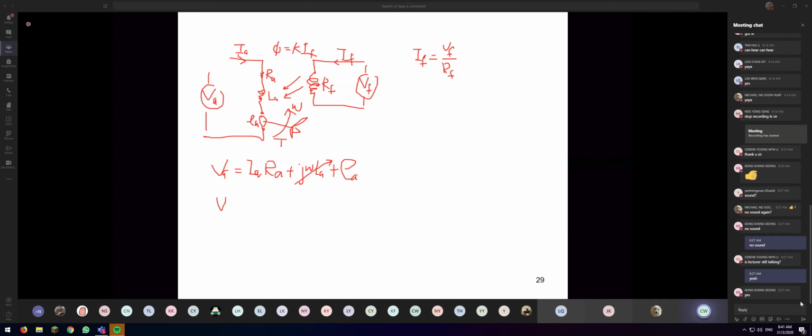So finally your formula of the output voltage will become IA RA, and then plus the back EMF. The back EMF here is referred to the K, okay, and IA, and also the speed. Okay, the omega here represents the speed of your motor in terms of radian per second.